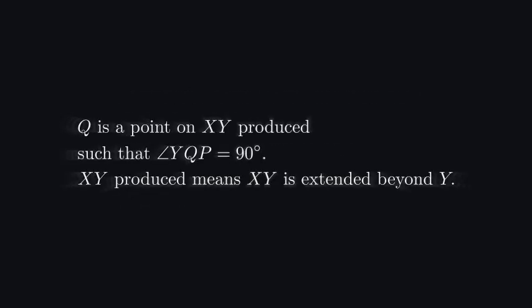The question also says that Q is a point on XY produced such that angle YQP equals 90 degrees. The phrase XY produced means the line XY is extended beyond Y. So Q will lie beyond Y on the same straight horizontal line.